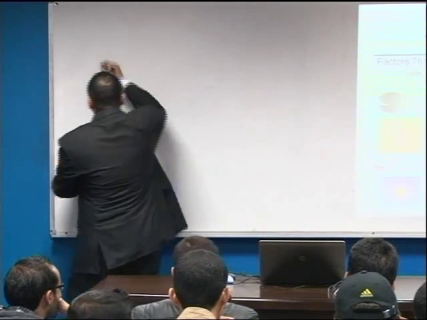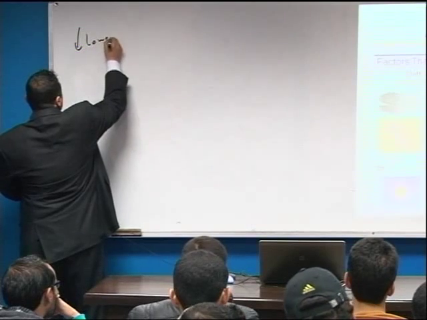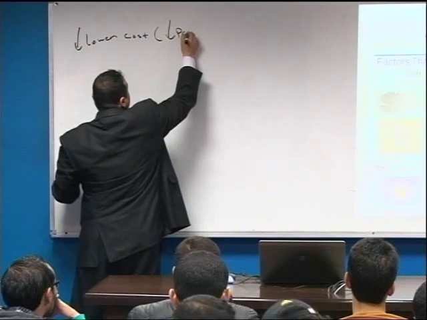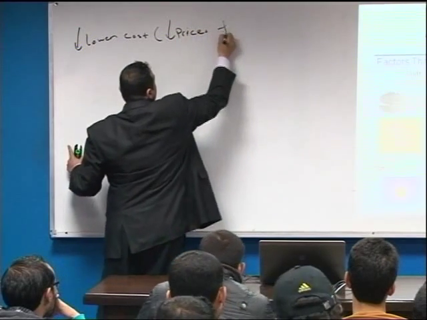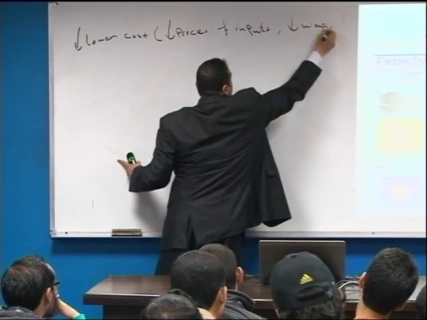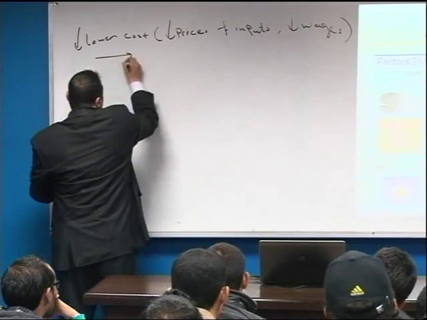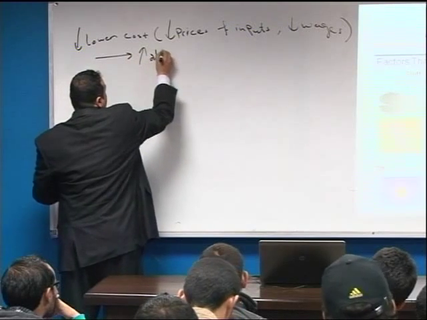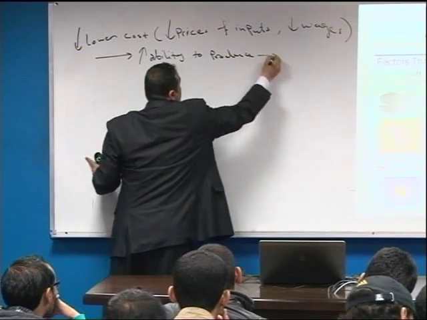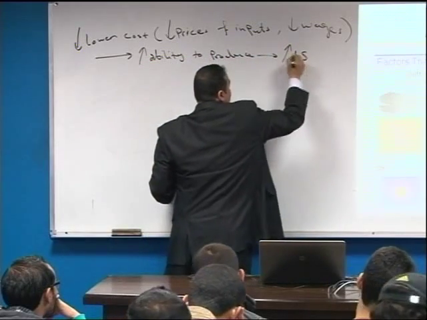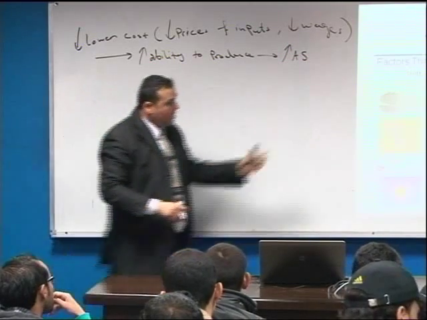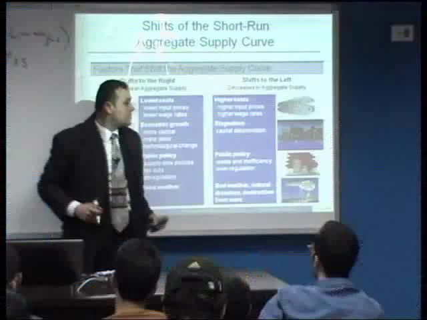So lower cost means decreasing the prices of inputs or decreasing the wages, which leads to increasing the ability to produce, which means increasing the aggregate supply, or in this case the aggregate supply will shift to the right. And vice versa, the higher cost, right?